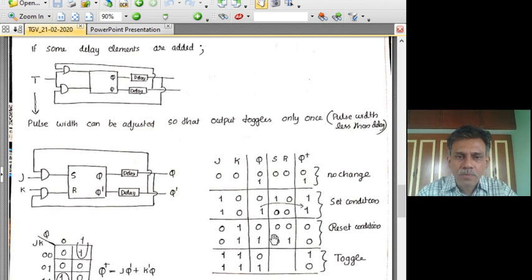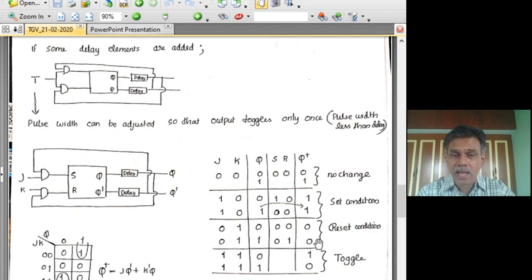So now in this row, it is a no change condition. S equal to 0, R equal to 0 is a no change condition, and therefore Q plus will be the same as Q and it will retain its 0 value. And this S equal to 0, R equal to 1 is a reset condition, and it resets the latch, and therefore Q plus will become 0.